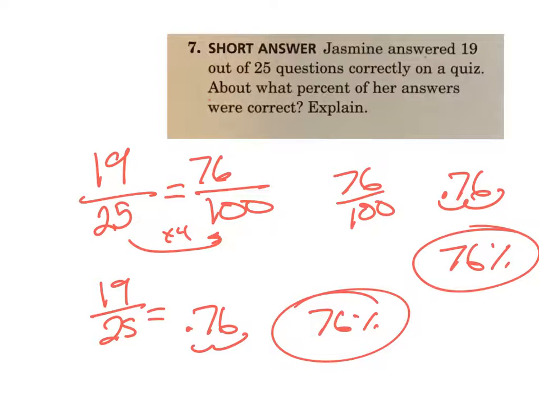But because it says about, I would even go like this. 20 over 25, that times 4 gets me 100. That times 4 gets me 80. So you could say it's about 80%. Exactly, it's 76%, but it's about 80%. She did good. Okay.